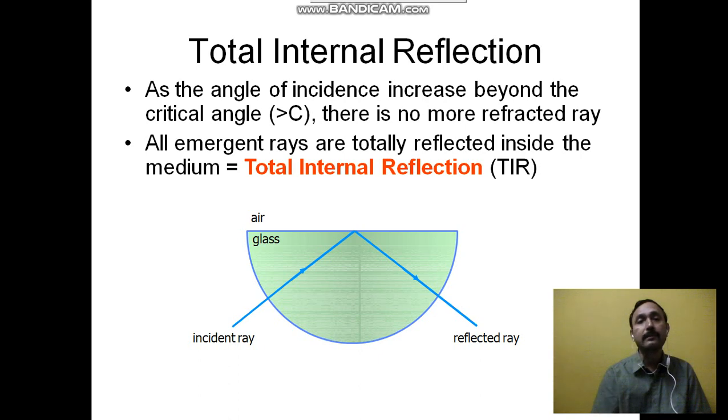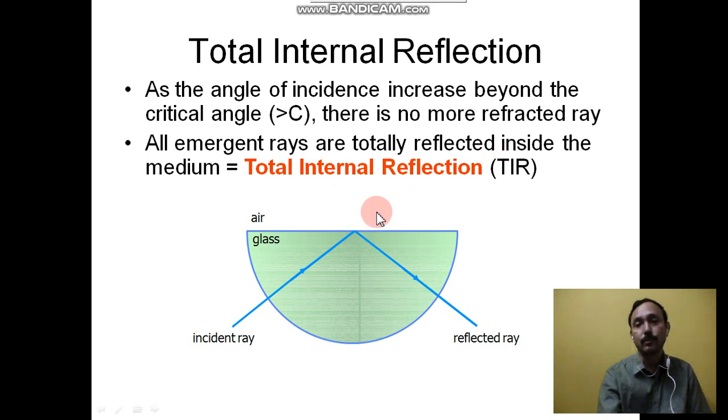As the angle of incidence increases beyond the critical angle, if we draw the normal, this angle is the critical angle, and more than the critical angle is the angle for which the refracted ray would be more than 90 degrees with the normal. So as the angle of incidence increases beyond the critical angle, that is, greater than C, there is no refracted ray anymore.